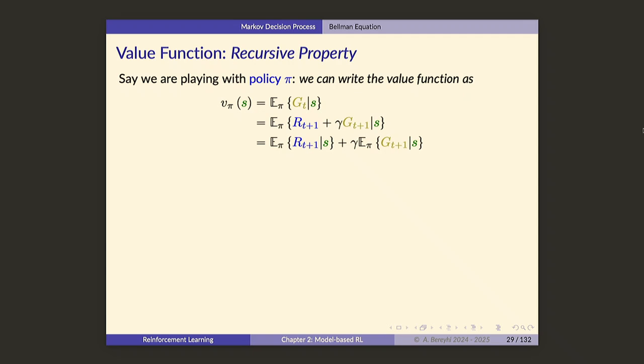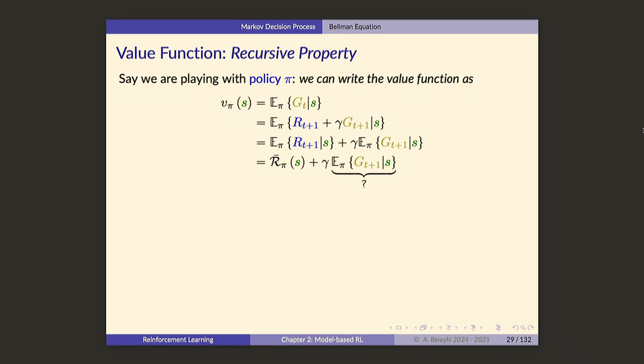If you remember. Okay, so this is the immediate reward that we showed, but what about this other term? Do you know what that is? Any guess? Any suggestion?